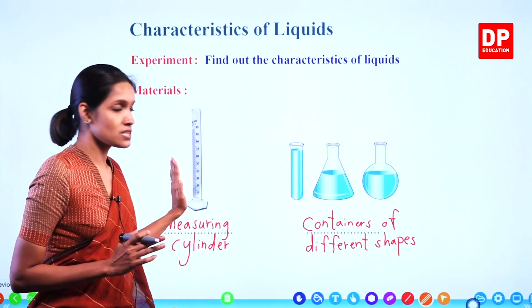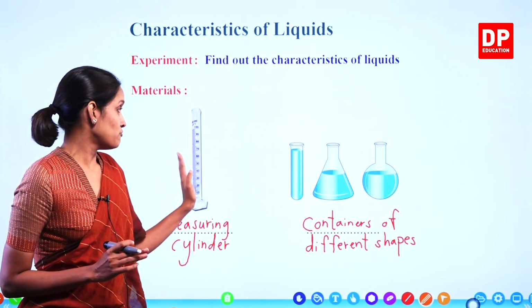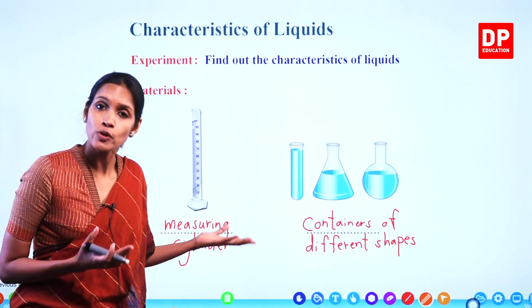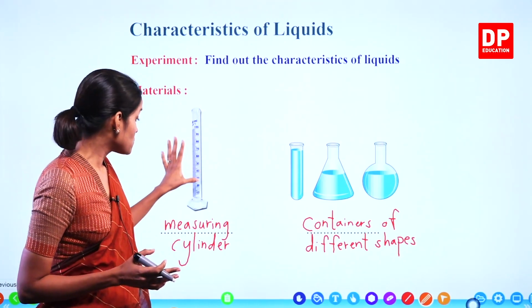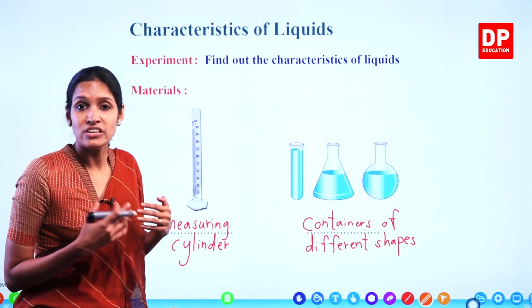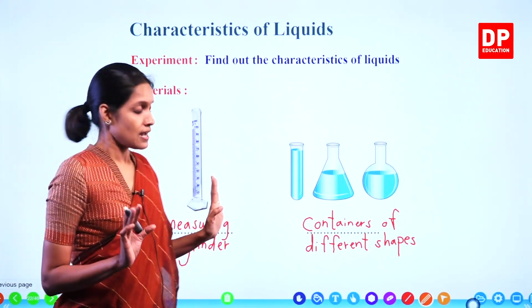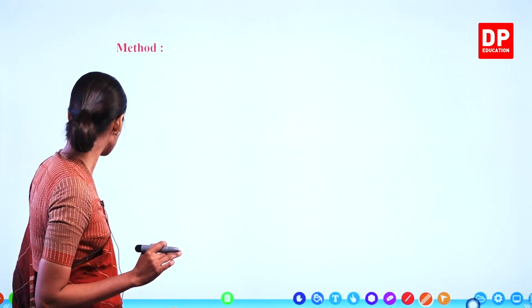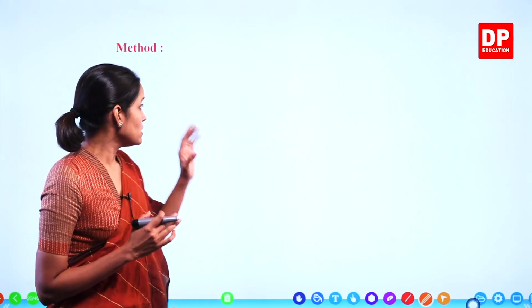I am going to use here 200 milliliters. If you read the textbook, it has given 25 milliliters. I am using 200 milliliters. So when the amount is more, we can observe very clearly. Understand? So under the method, we are going to write, we have to measure 200 milliliters of colored water and put them into the different shaped containers.